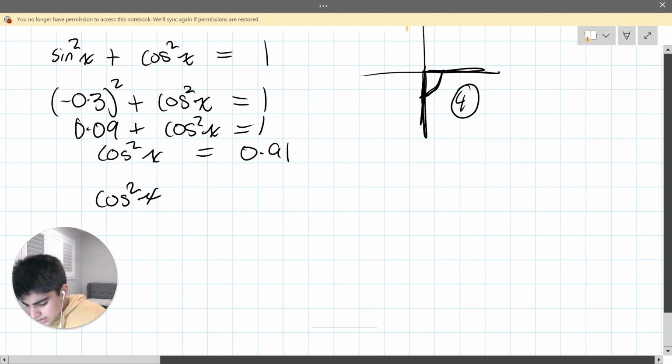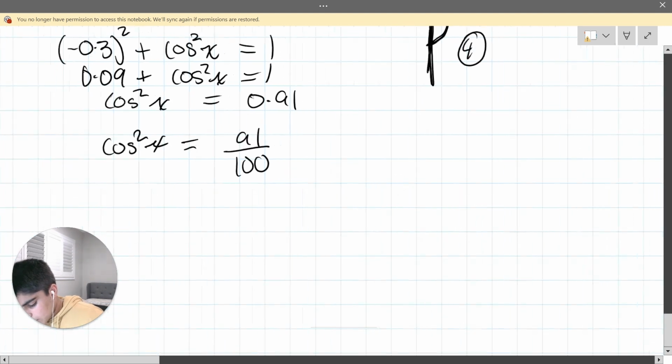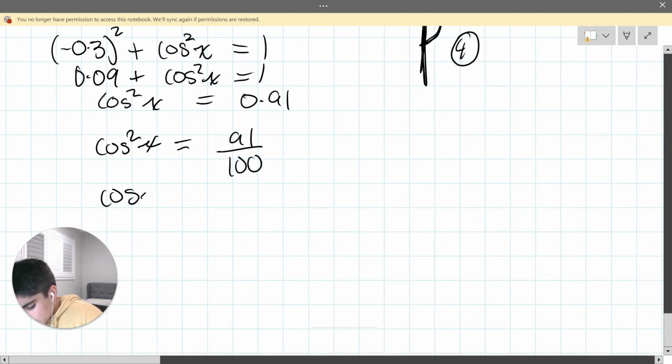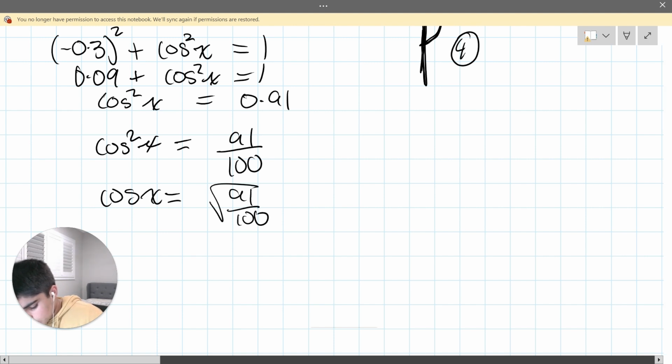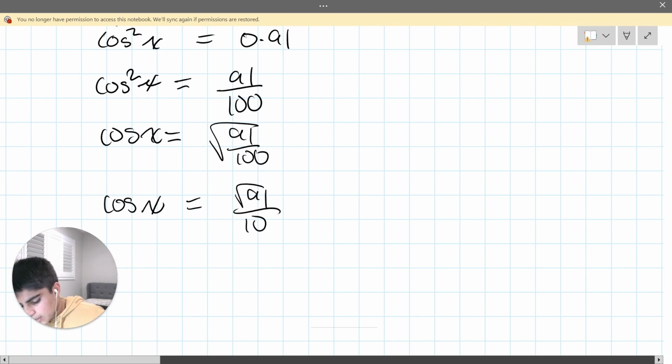Cosine squared x equals 91 over 100. Now cosine x equals root 91 over 100. Cosine x equals root 91 over 10.